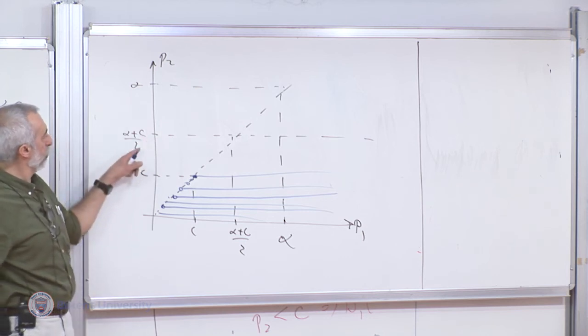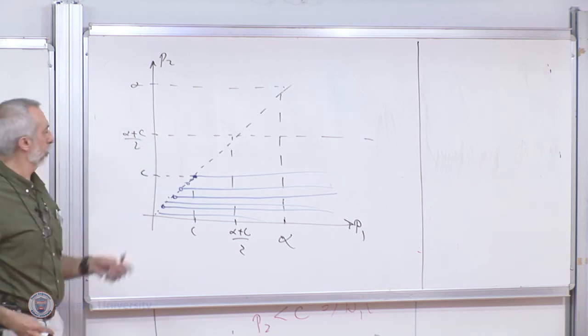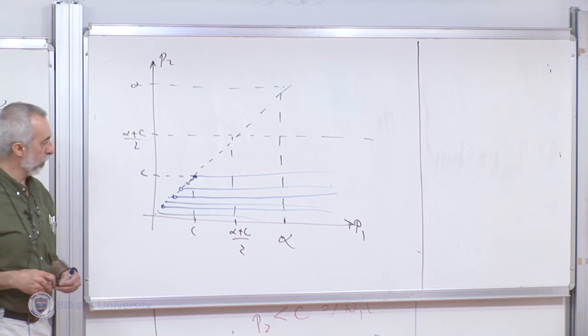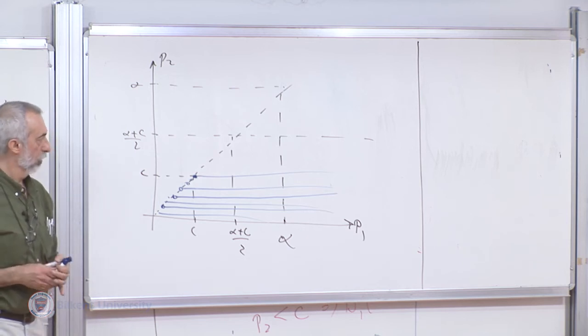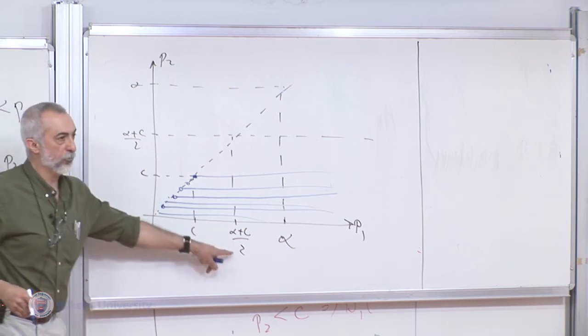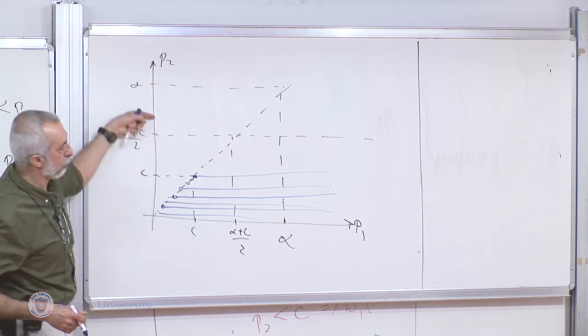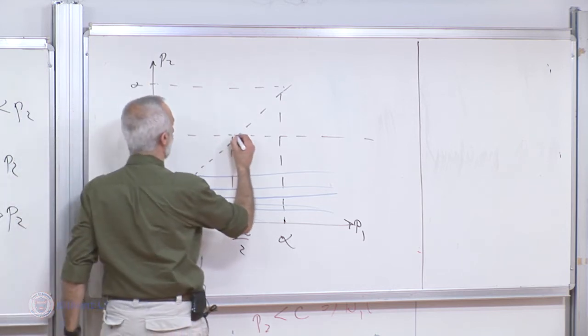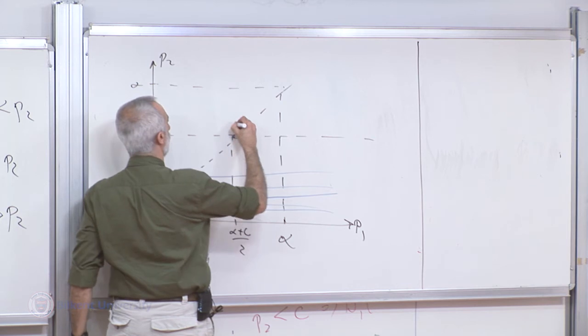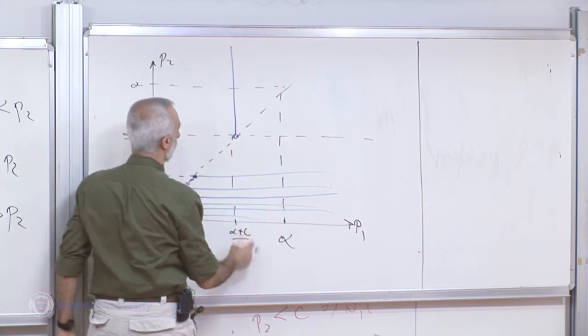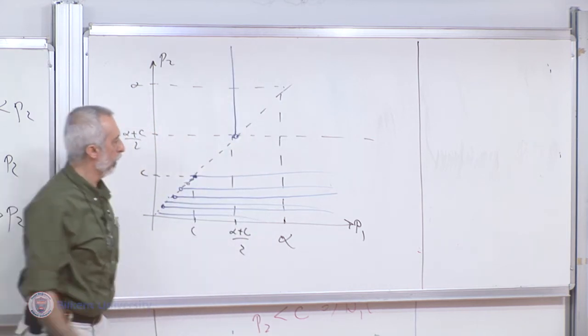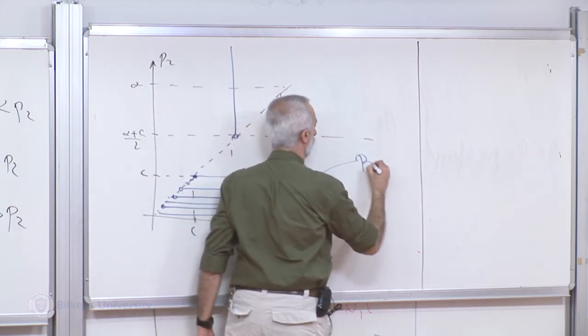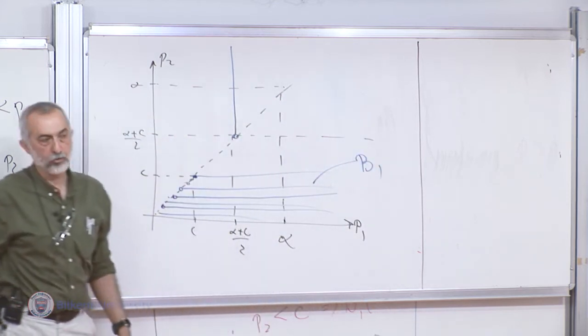When P2 is greater than alpha plus C over 2, what was the best response? Alpha plus C over 2. So for any of these prices, there is a single best response, which is alpha plus C over 2. So that's the picture of the best response correspondence of player 1.